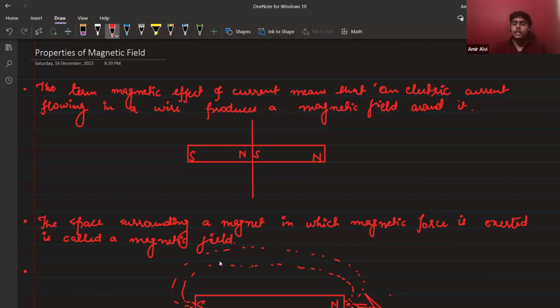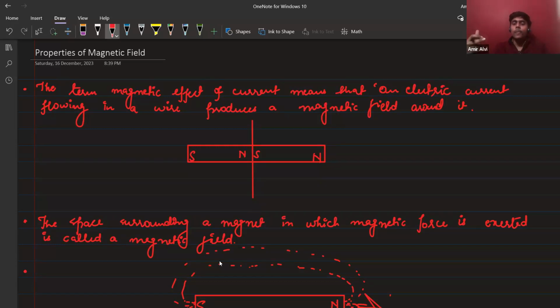If the current is flowing through any conductor, a magnetic field will be generated around it. It will behave like a magnet, so there will be a magnetic field as well. So magnetic field and electric current are interconnected. When you go to 12th class, there is a chapter in which you will study the current flowing through the conductor, and you will have to find the magnetic fields as well.